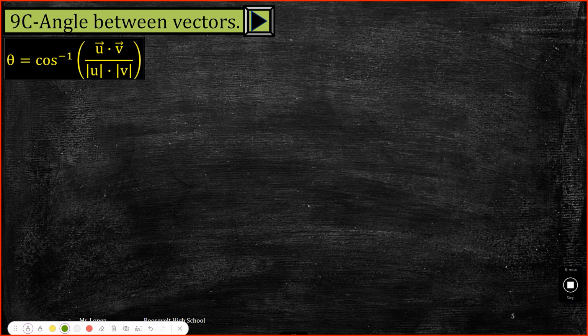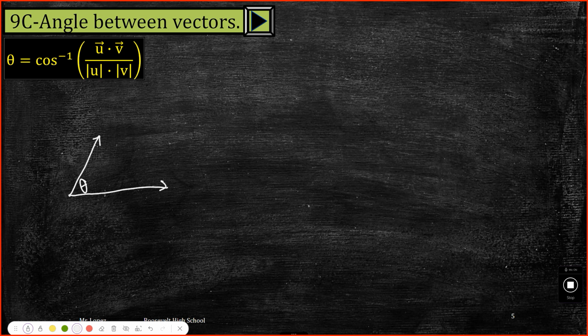In reality, this equation comes from the law of cosines. Let me just kind of show you what's going on here. What's happening is that you got two vectors, and you want to know what this theta is.